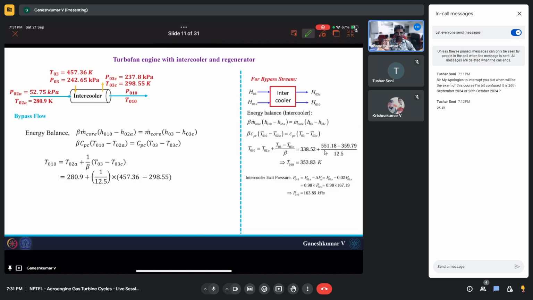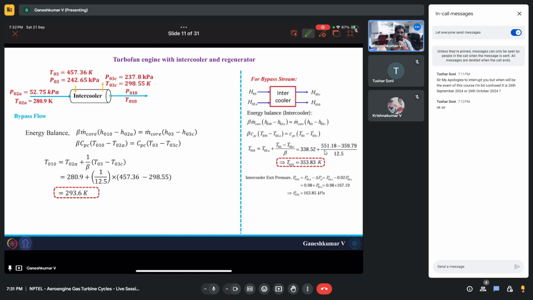And then if you substitute these, these two formulas are the same, there is no difference, only the numbers are different. And you will see that the temperature has increased from 280.9 Kelvin to 293.6 Kelvin. Okay, so there is something like a 13 to 14 Kelvin difference.